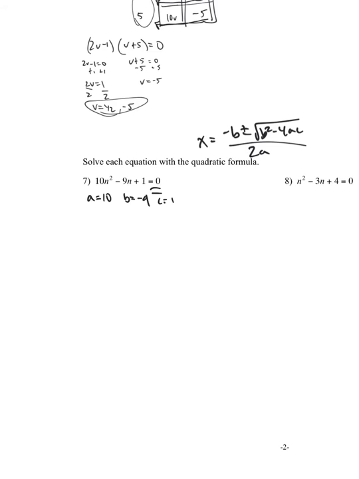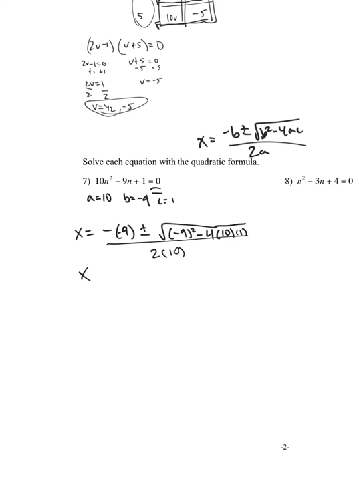So a is 10, b is negative 9, c is 1. So solving this is x equals negative b, so negative 9, plus or minus the square root of b squared, so negative 9 squared minus 4 times a is 10 times c is 1. Okay, all over 2 times a, 10.